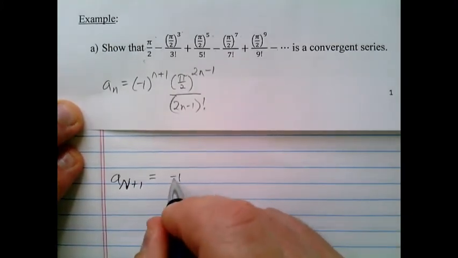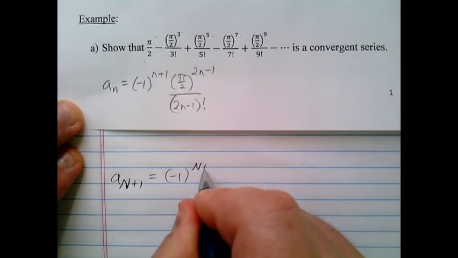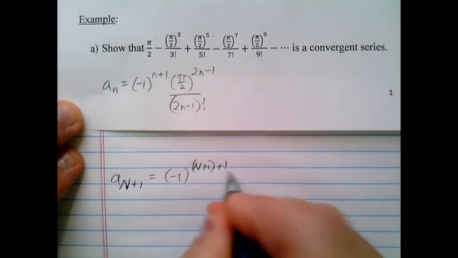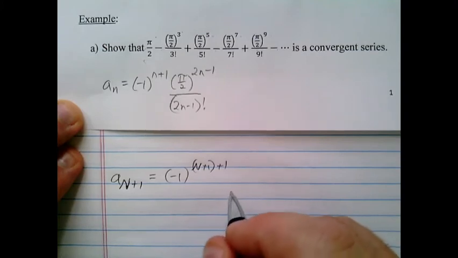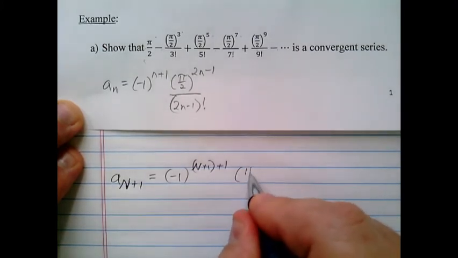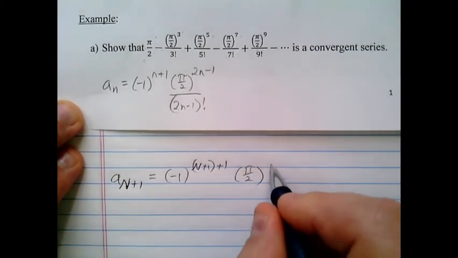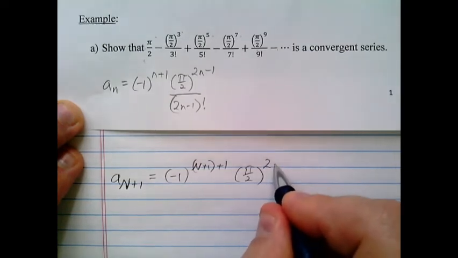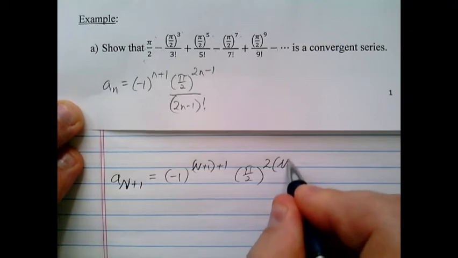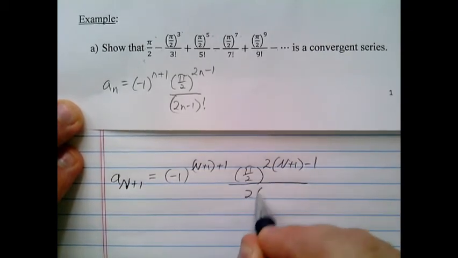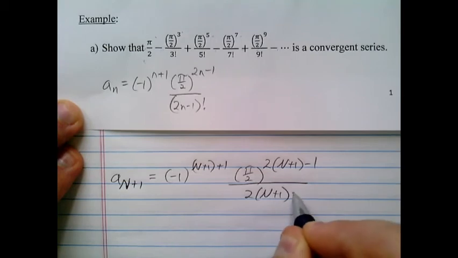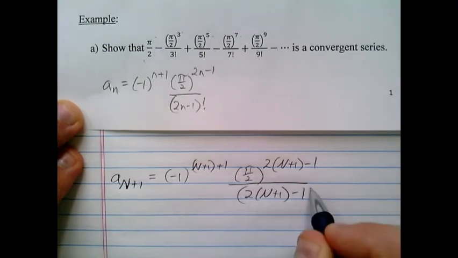It would be negative 1 to the n plus 1 plus 1. Okay, we don't really need that because we're going to take the absolute value. And then pi over 2 to the 2n plus 1 minus 1 over 2n plus 1 minus 1 factorial.